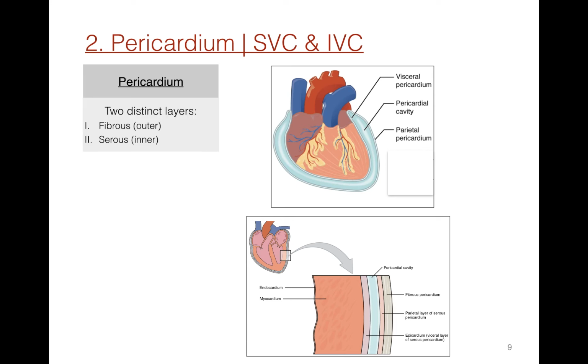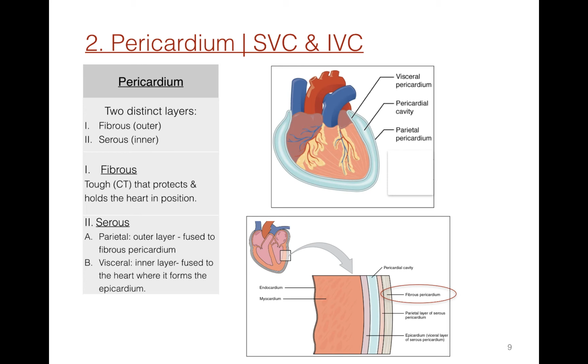Pericardium has two distinct layers, the outer fibrous layer and the inner serous layer. The outer fibrous layer is made of tough connective tissue that helps to protect it, and as I mentioned, holds the heart in position.